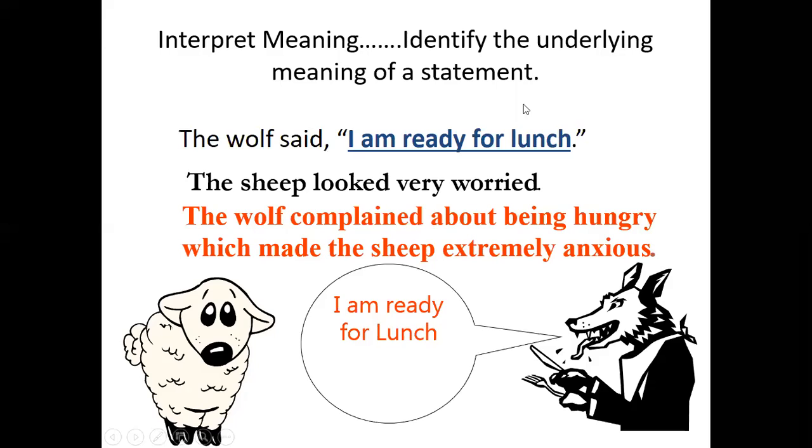So, if you're going to paraphrase this, meaning you're interpreting the whole meaning of these sentences, it would be the wolf complained about being hungry, which made the sheep extremely anxious. Looked very worried is replaced with extremely anxious. Okay, and the wolf saying that I am ready for lunch shows that the wolf complained about being hungry.